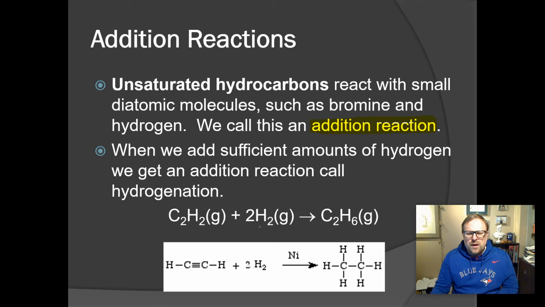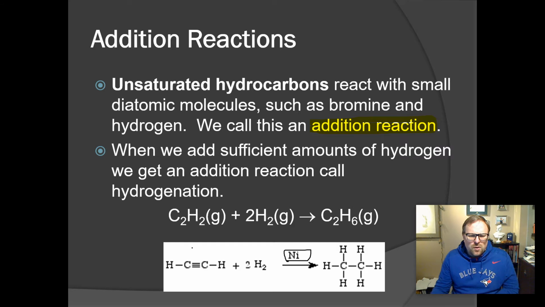It's reacting with hydrogens, and it's eventually going to end up producing ethane. And what's happening is it's gone through a couple of really quick reactions. Oh, and by the way, this little nickel here means it's a catalyst. So it's included above the arrow because it's a catalyst. Remember, catalysts don't participate in the reactions, they're only there to lower the activation energy.